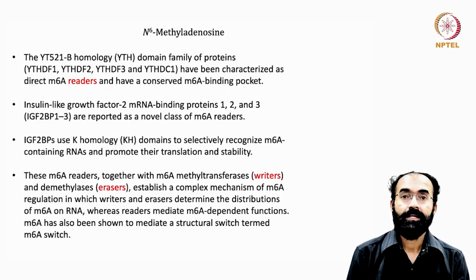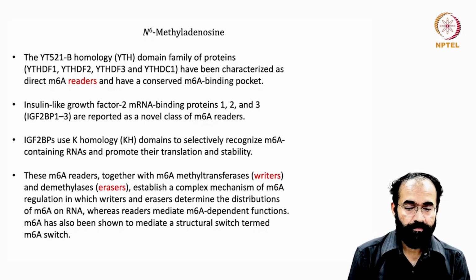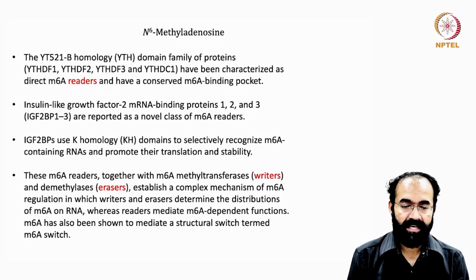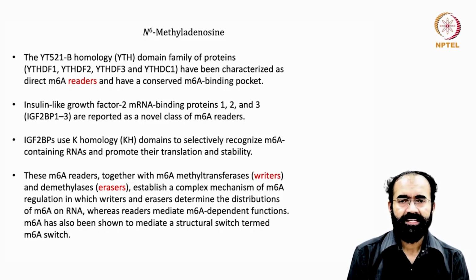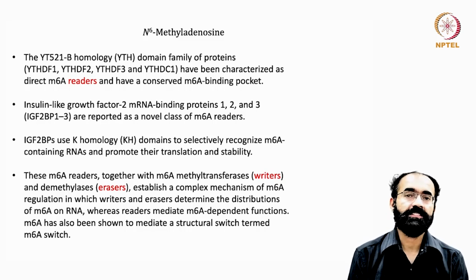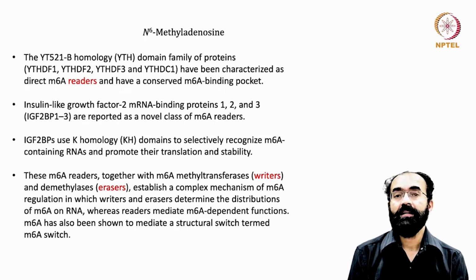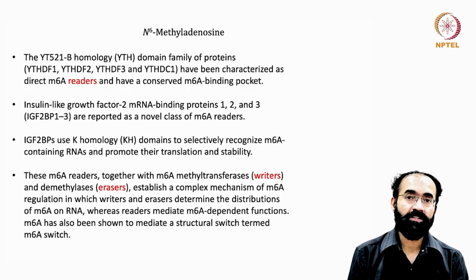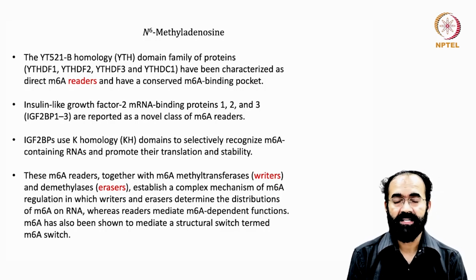IGF2BPs use K homology, that is KH domains, to selectively recognize m6A containing RNAs and promote their translation and stability. In general, we can say as a thumb rule, if an RNA has m6A adenosine residues, they will be marked for translation and they will be marked for their stability.